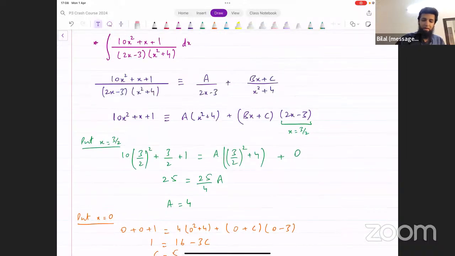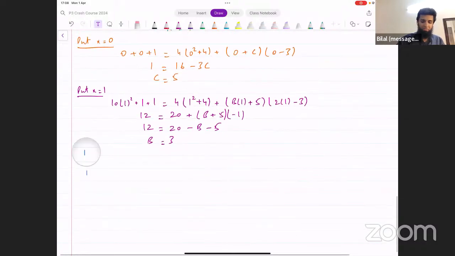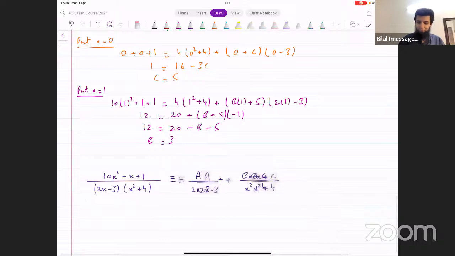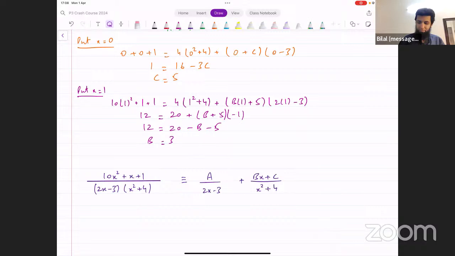Now let's see how we can integrate this fraction. Let's look at the integration part now. Okay. So we wanted to integrate this fraction.